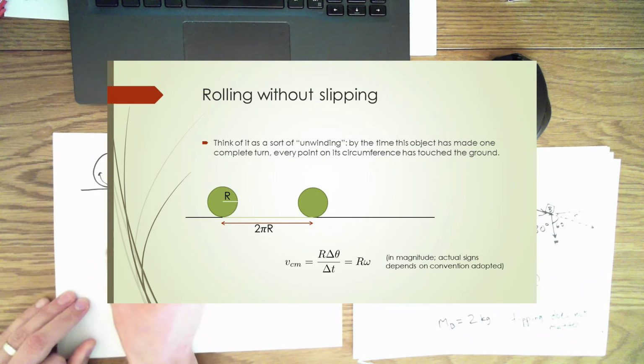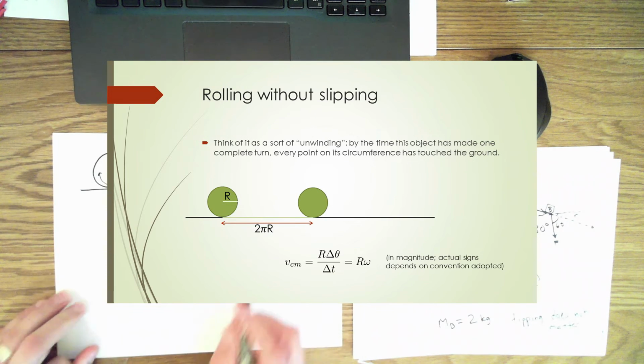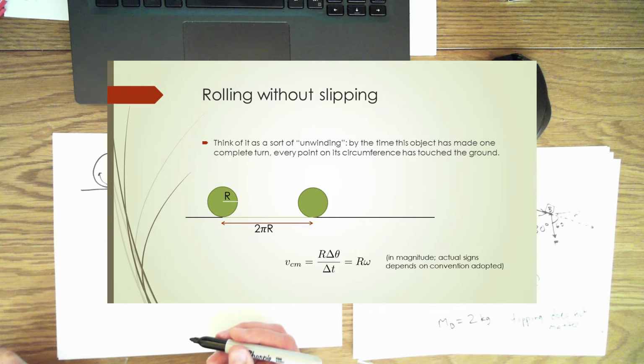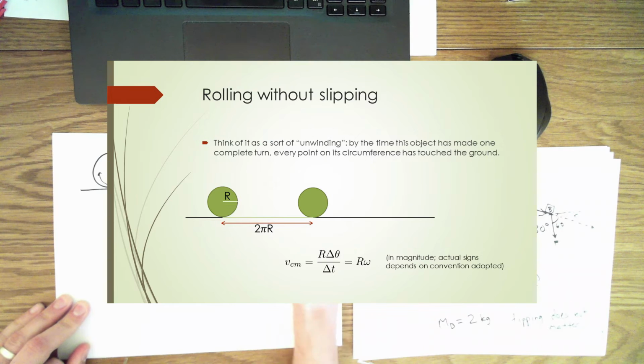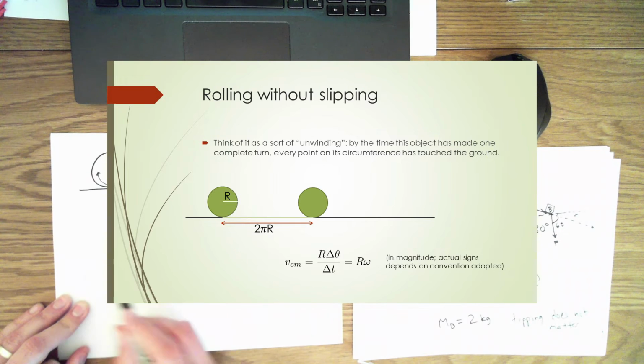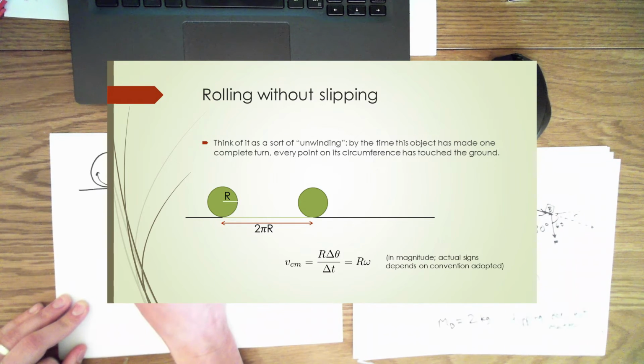So how fast does the center of mass move? Well, what I'm going to show you is that it is equal to r times omega, where omega is the angular velocity about the center of mass.